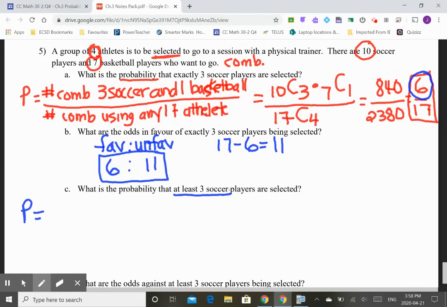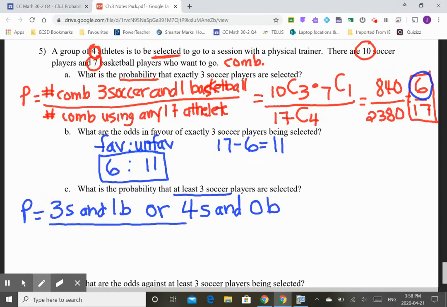At least 3 soccer players means that we can have 3 soccer players and 1 basketball player, or we could have 4 soccer players and no basketball players. That's where our favorable outcomes are going to come from.